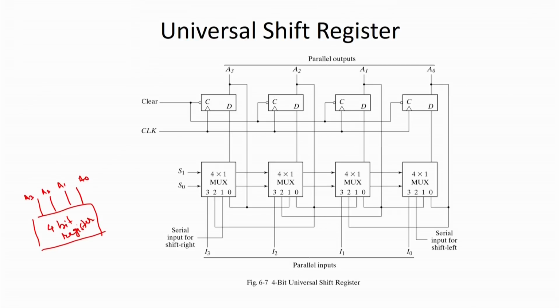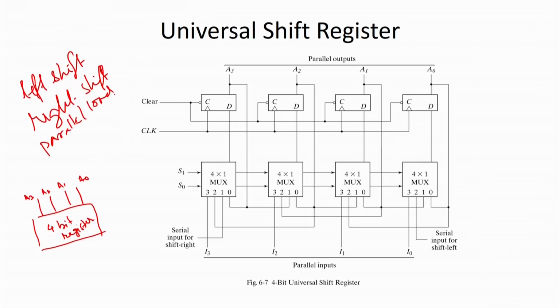One is the shift register: we can shift the information either towards right or towards left. So, one is left shift, the second one is right shift, and another operation we have is parallel load.